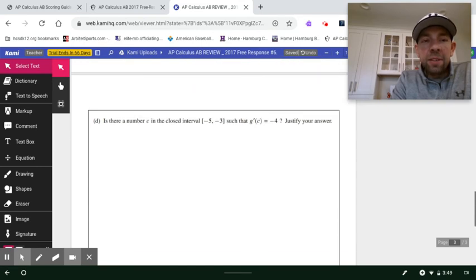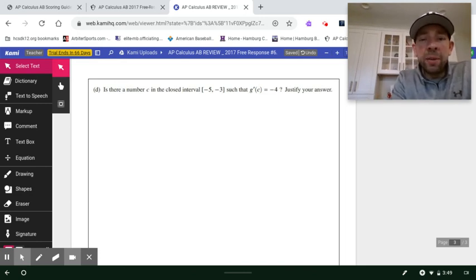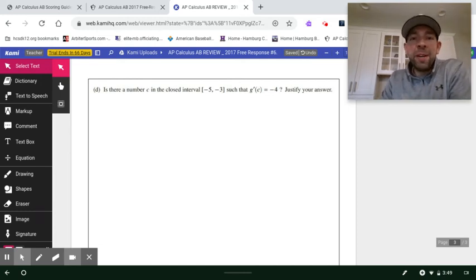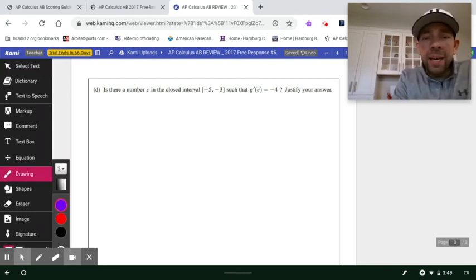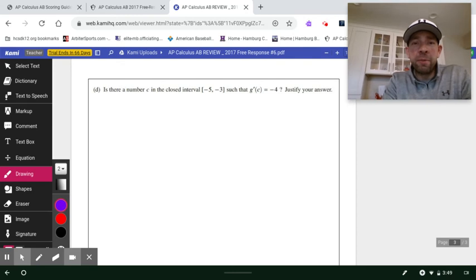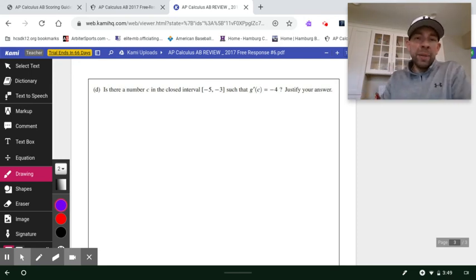I think this last part, D, is the least computational part, and it is all about the mean value theorem. Basically, we're going to try to prove that the average rate of change of G over the set interval is equal to negative 4. If we're taking the values of G in that table and using those values to try to prove the existence of a G prime value, then that's our mean value theorem.